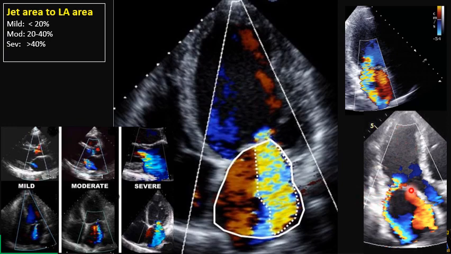Usually in significant MR in eccentric jets, we can see a wrapping of color flow around the other side of the jet, as you can see here or here. You can see this wrapping around. When you see this pattern, it is usually at least moderate to close to severe MR.